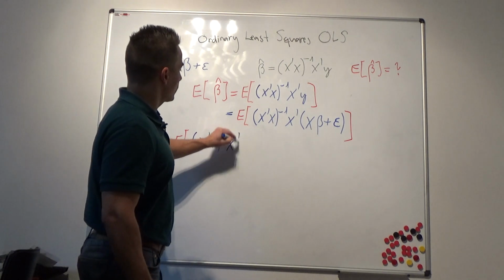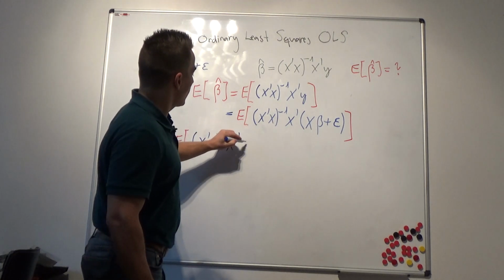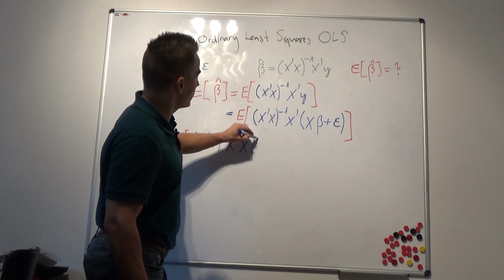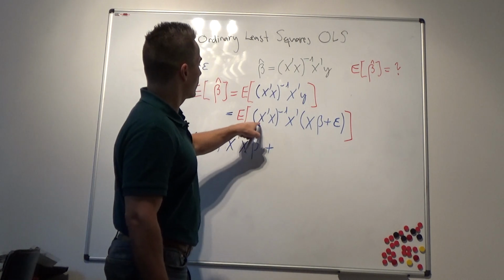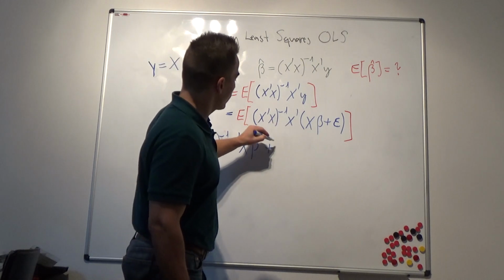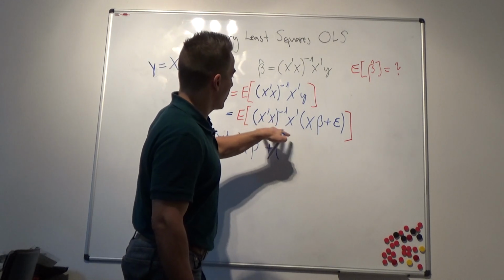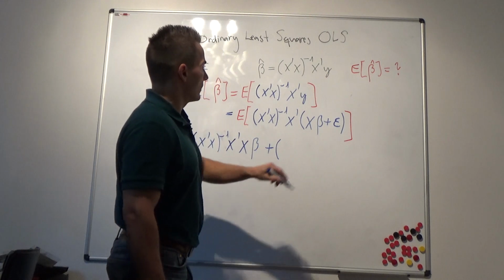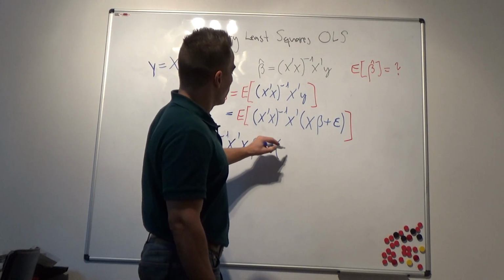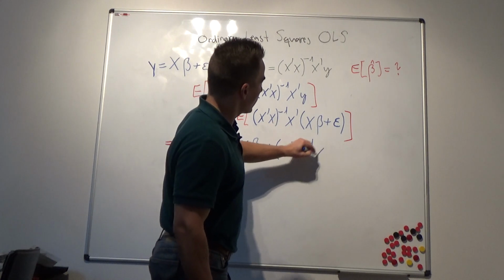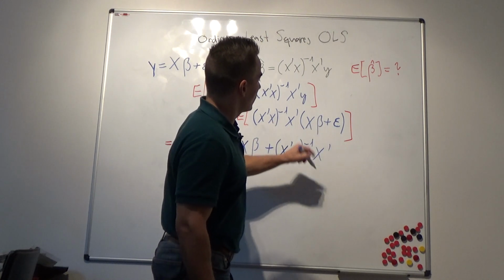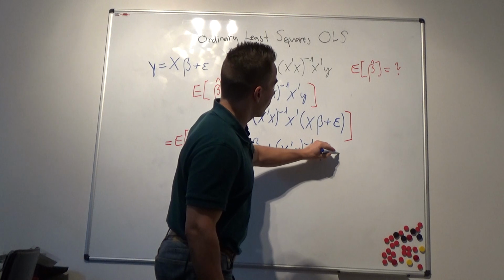So times x times beta plus, again, what is here before. Now we multiply it with the second part of what is in parentheses, which is epsilon. So x prime x inverted times x prime times epsilon.